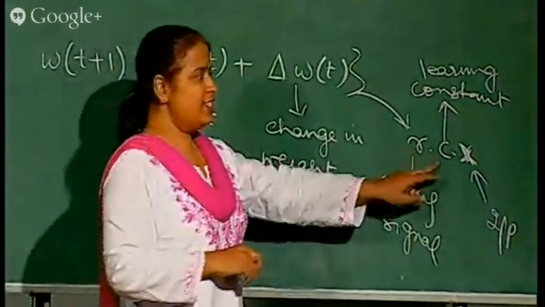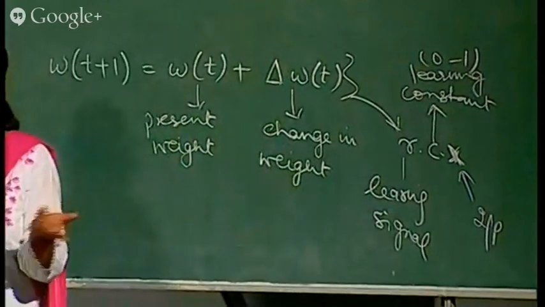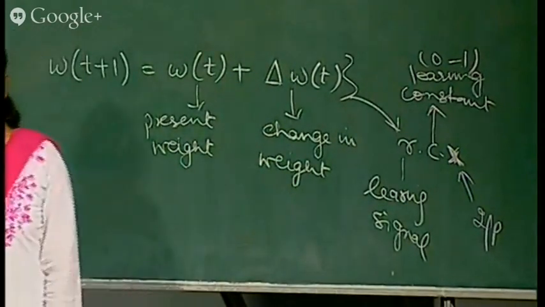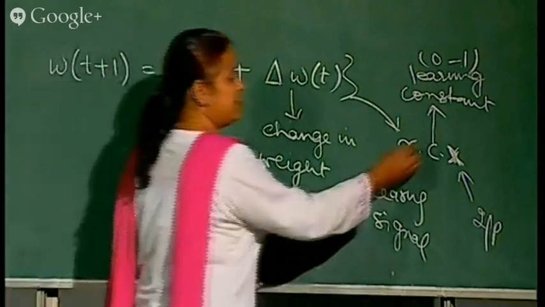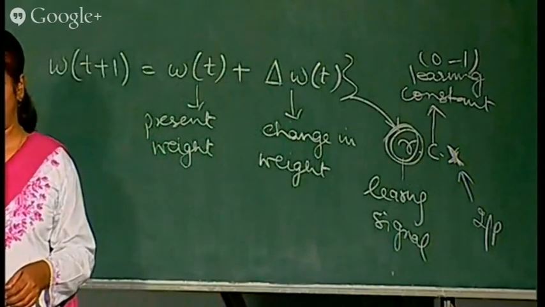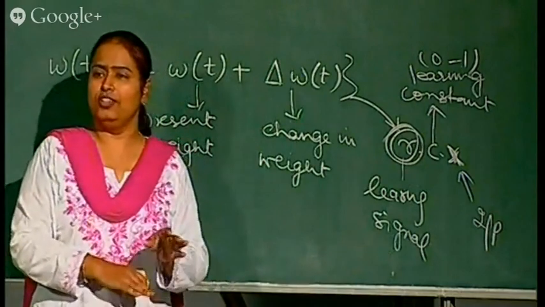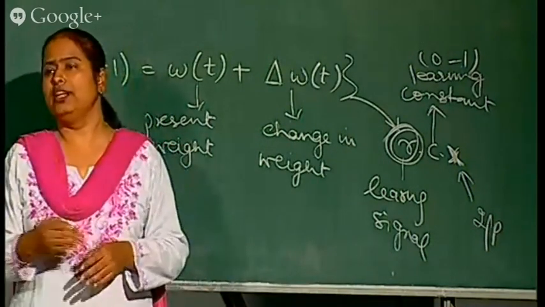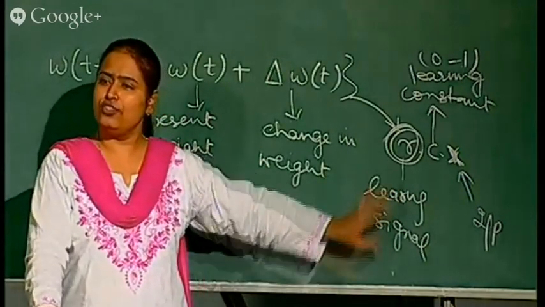So c is kept between 0 and 1, nearly 0.9, 0.8, 0.7, like this. It should not be too high, and should not be too low. Now the only remaining term is r, which is varied according to the rule. This is the only signal contributing to the change of weights.